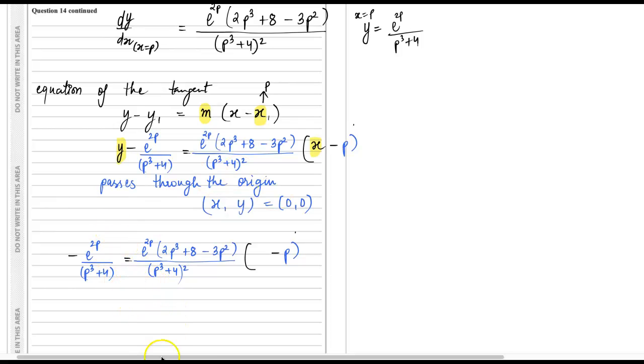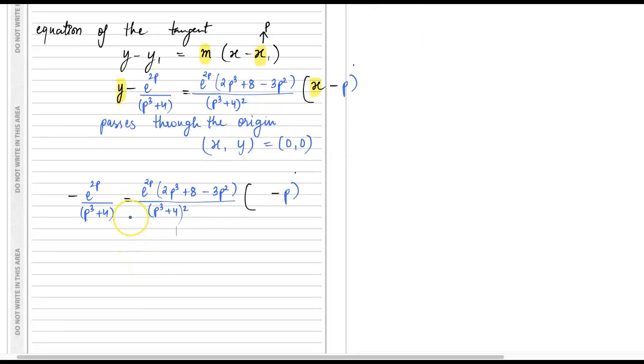If we simplify it a bit more, can we just multiply by p cubed plus 4, because we have to make the denominator the same?